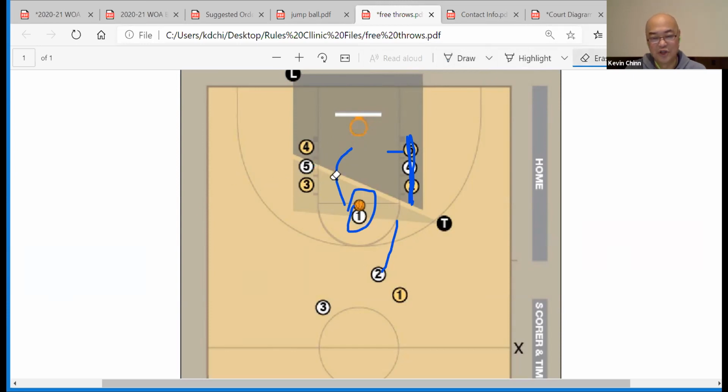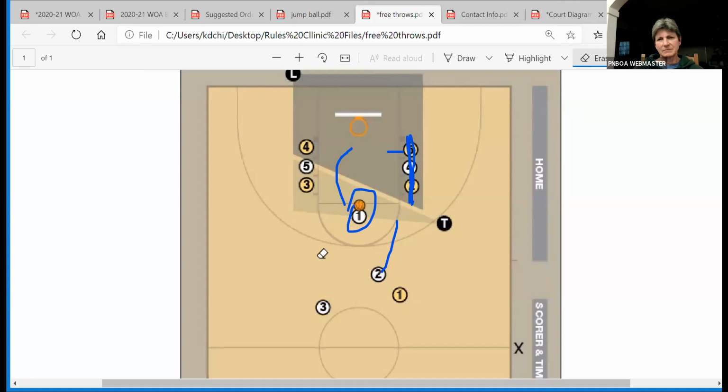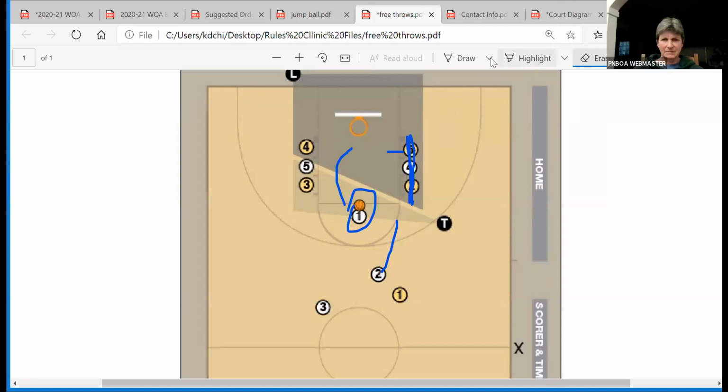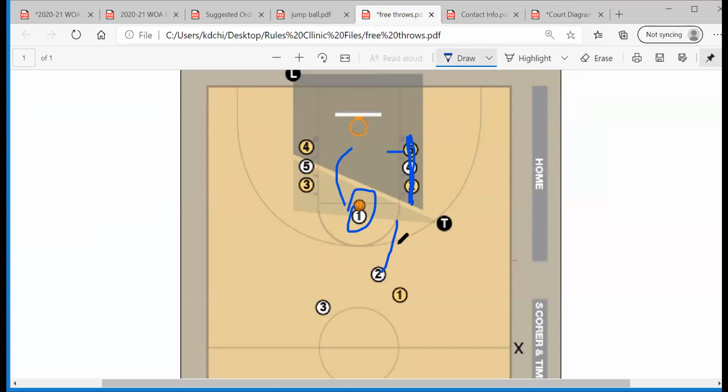Now, he shoots, he steps in, his teammate breaks the plane of the three-point line before the ball hits the rim. This guy, outside, has to wait till the ball hits the rim. Number 2, white, has to wait till the ball hits the rim.